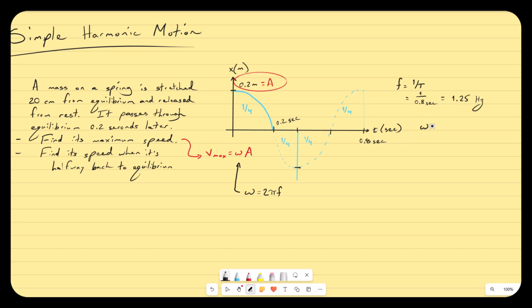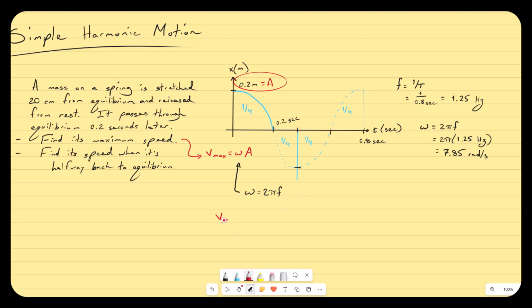My natural frequency, which is 2 pi times f, is going to be 2 pi times 1 1/4. 2 times 1 1/4 is 2 1/2. 2 1/2 times pi is 7.85 radians per second. So I can plug that in.